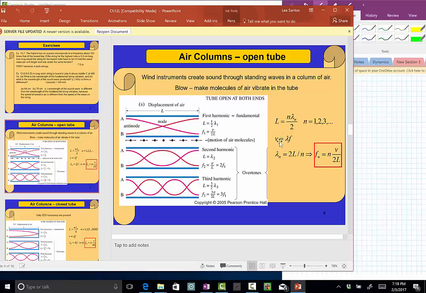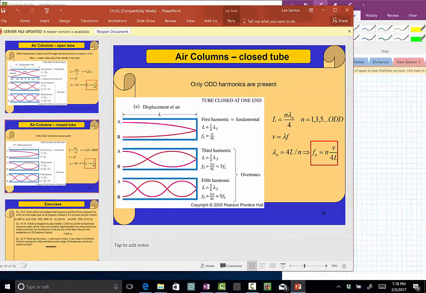So the frequency is the speed divided by the wavelength. So exactly the same expression that we had for the string, but you see that the motion is different. We have now these longitudinal waves, and at the edges we have antinodes instead of nodes as we saw for the string.